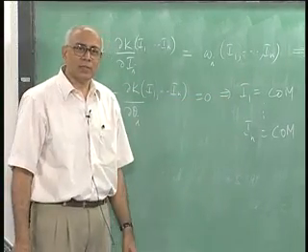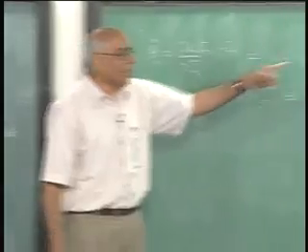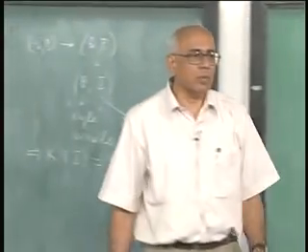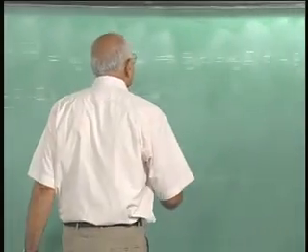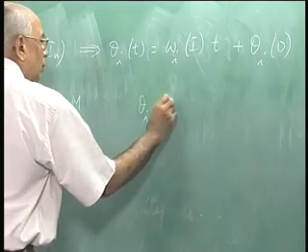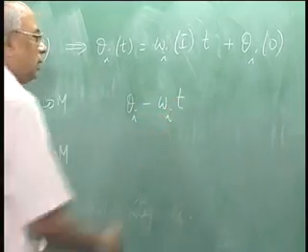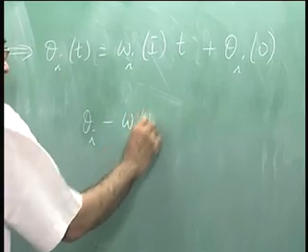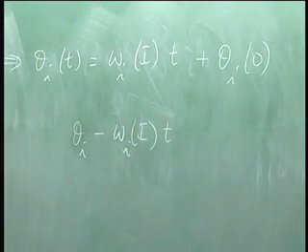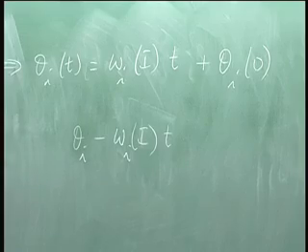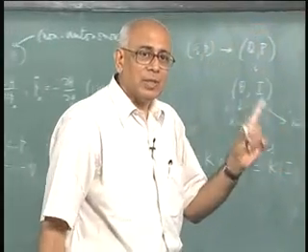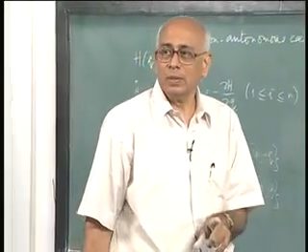So we already have n constants of the motion which are time independent. Where are the other constants of the motion? The theta_i(0) are all constants of the motion. So all these quantities, theta_i minus omega_i t, are all constants of the motion. These are functions of the I's, by the way. They are time dependent, just like our one dimensional example had a time dependent constant of the motion.